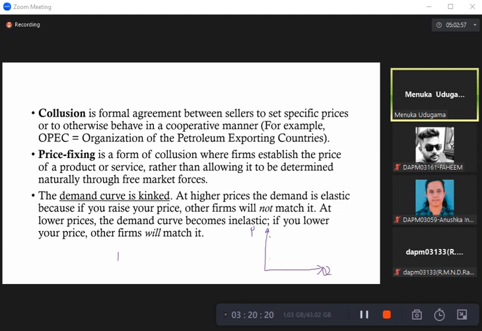We know the demand curve should look like this, isn't it? But instead, in this type of a firm, after a certain price, the demand shifts this way, right? It comes down, and after a certain price, it shifts this way. So we call it a kinked demand curve, because the demand curve shifts.